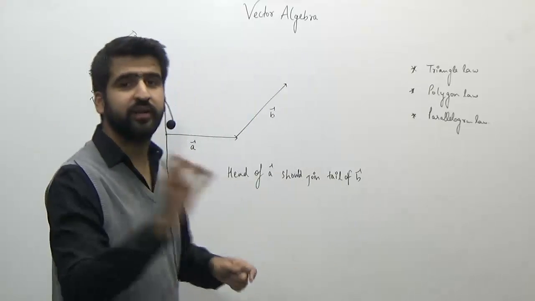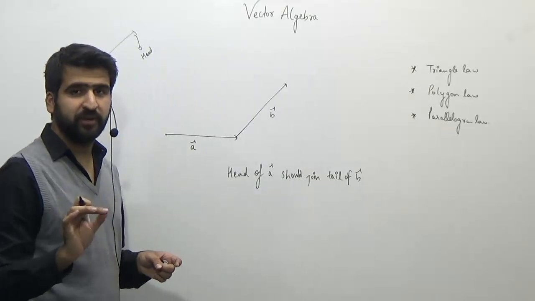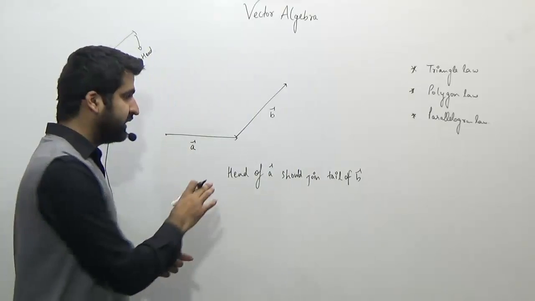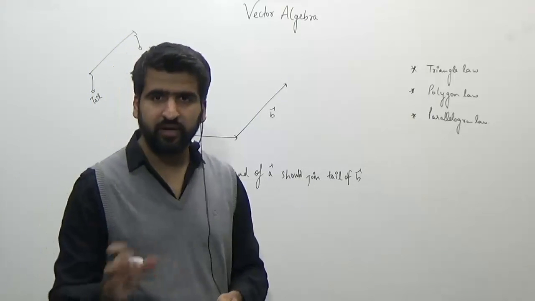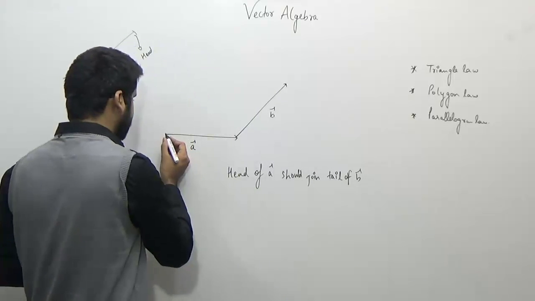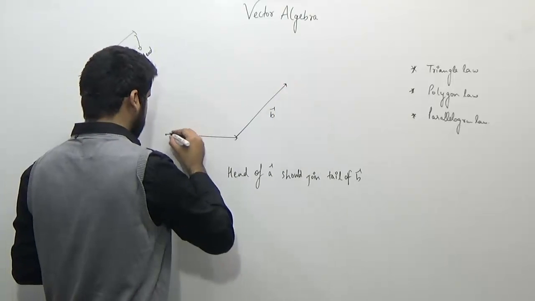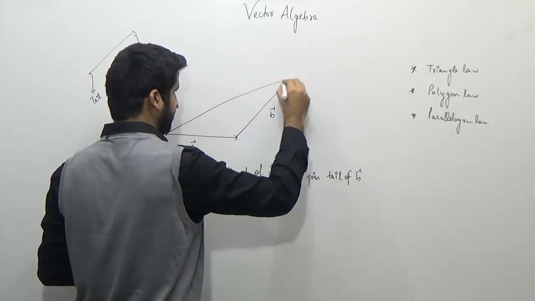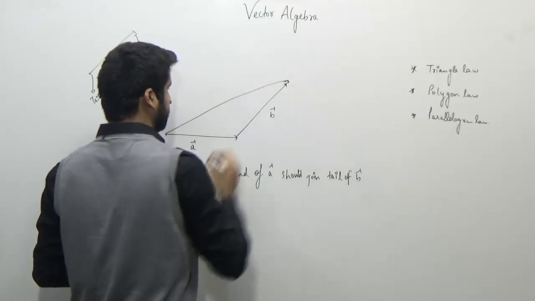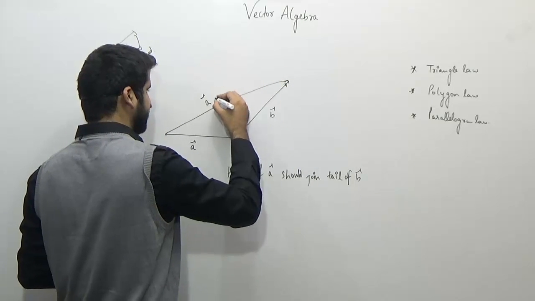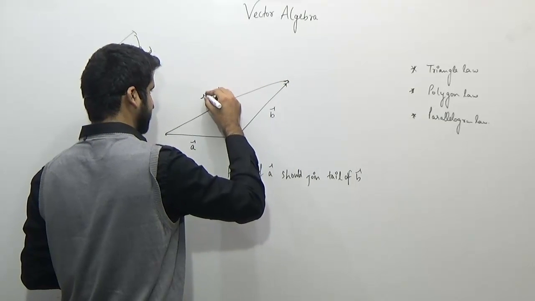It is only direction dependent, not path dependent. It is path independent. I'll get to this term again. Now this is the resultant vector, A vector plus B vector.